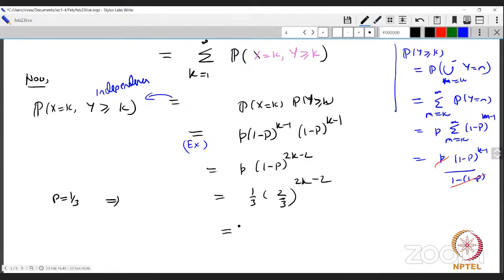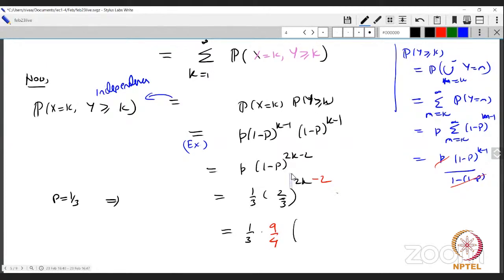Let me simplify that a little bit. It's 1/3. The minus 2 part is just 9 by 4. And what is left is 2/3 to the power 2k.